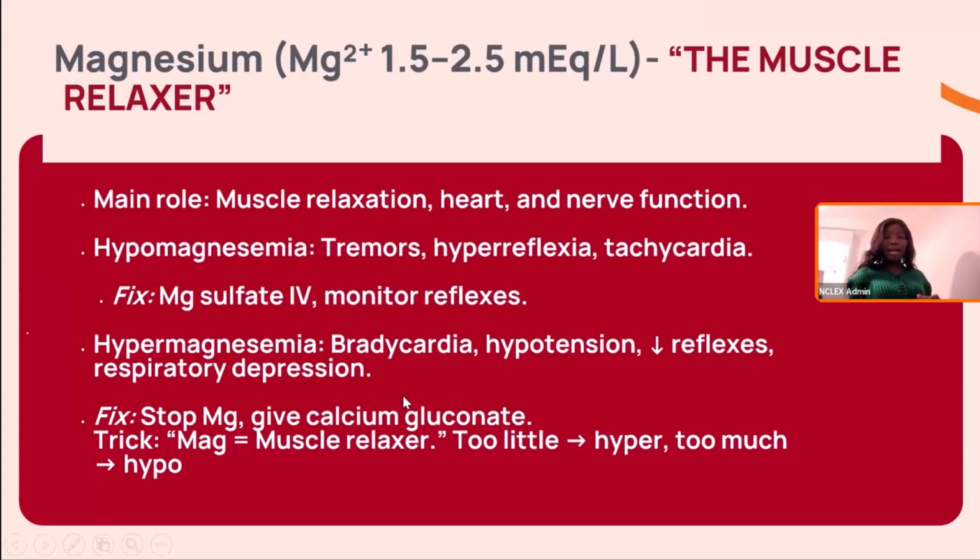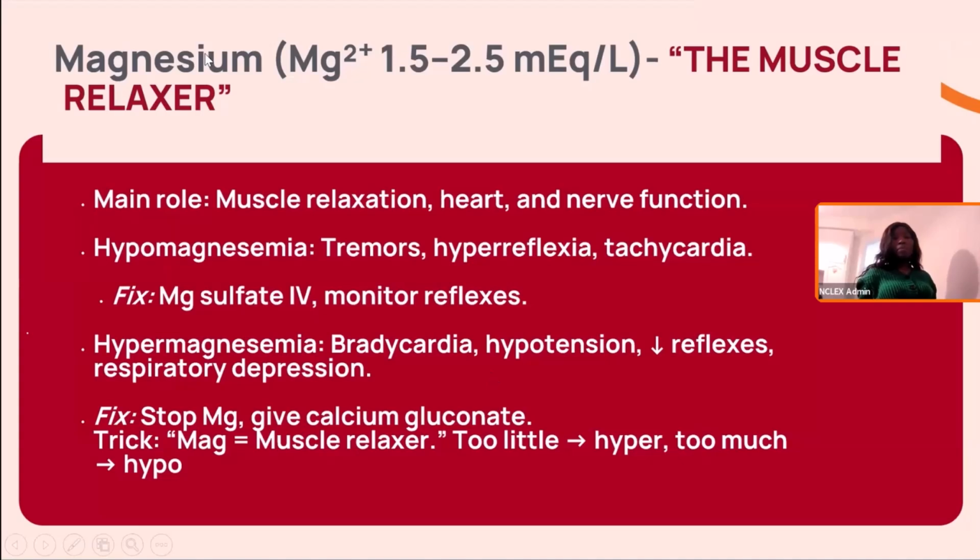So let's look at high magnesium. Your magnesium is just too much. There will be bradycardia, reduced heart rate, then hypotension. And remember, if it's low, we have hyperreflexia. So if it's too much, we have decreased reflexes, okay? And then respiratory depression.